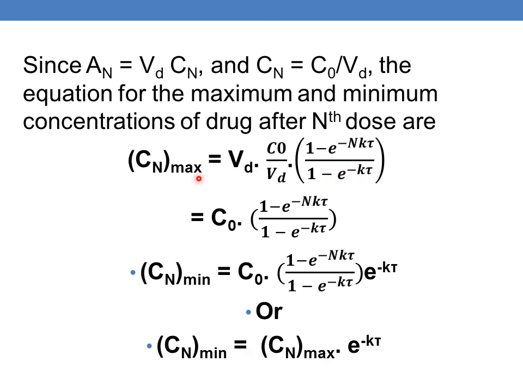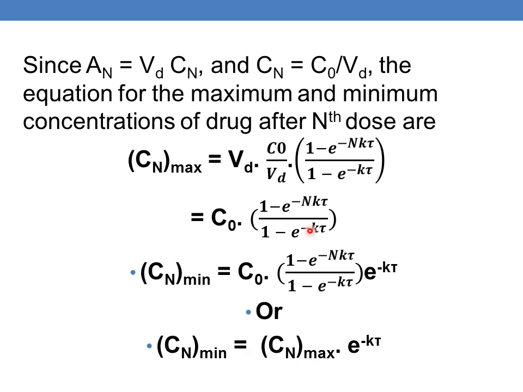Here the volume of distribution cancels and the final equation becomes Cn max equals C0, that is the dose of the drug, into 1 minus e to the power of minus nk tau by 1 minus e to the power of minus k tau.